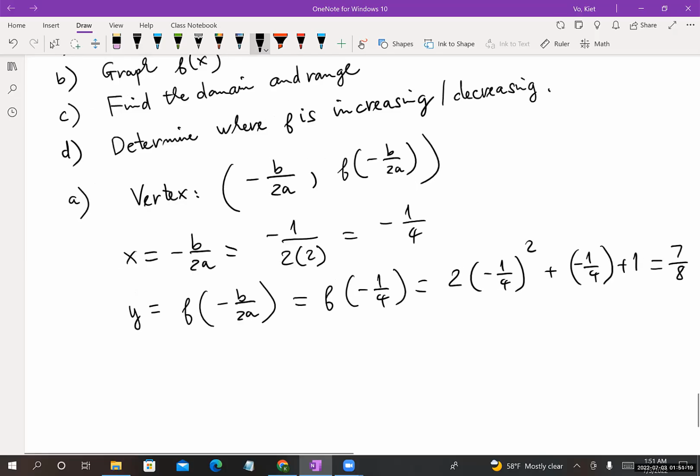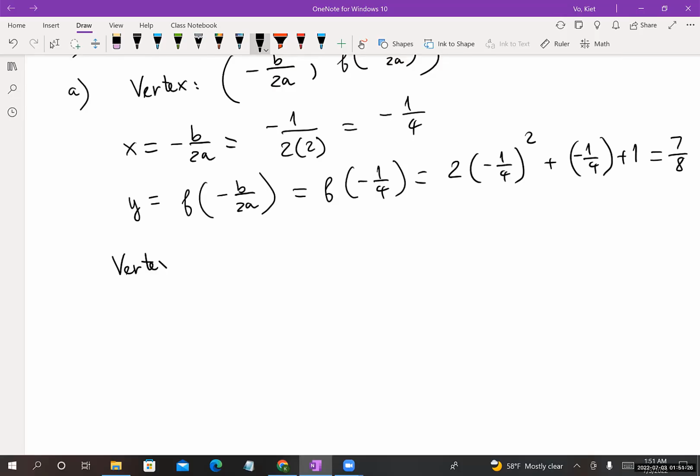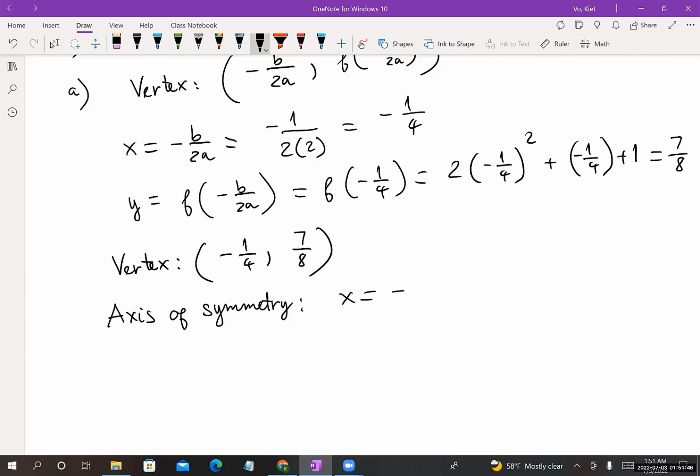So the vertex for this quadratic function is negative 1/4, 7/8. Based on this, I can figure out the axis of symmetry right away: x is equal to negative 1/4.